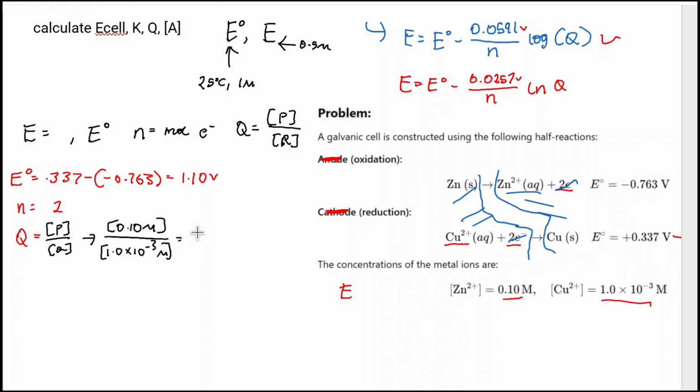And when you plug this into the calculator, you get the Q is 100. And now we just put it into the equation. E is equal to, we put in 1.10, minus 0.0591 over 2 times the log of 100, and we get E.